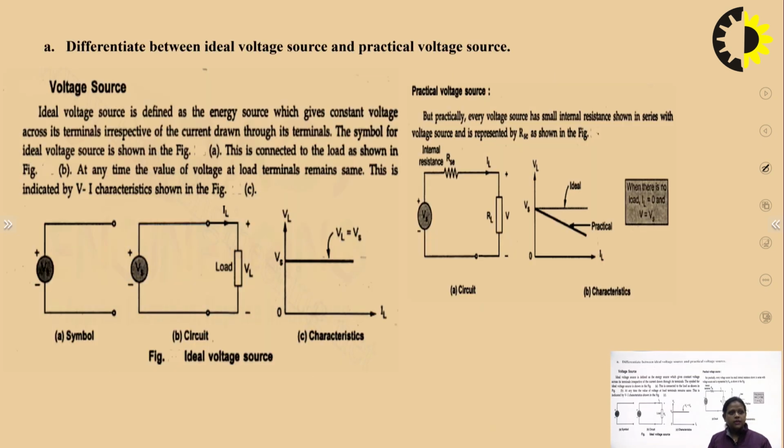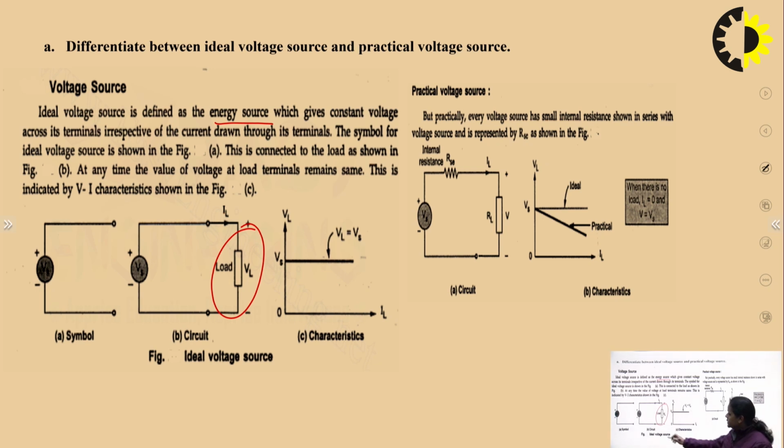Question number 1 is: differentiate between ideal voltage source and practical voltage source. The ideal voltage source is defined as the energy source which gives constant voltage across its terminal irrespective of the current through its terminal.